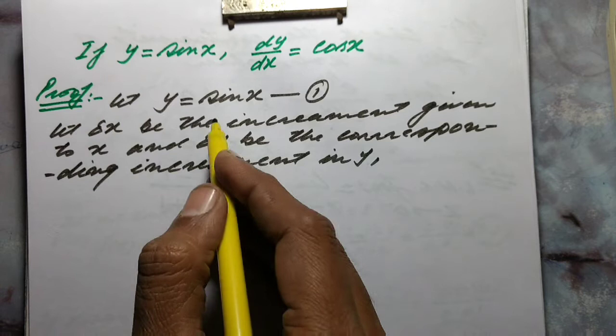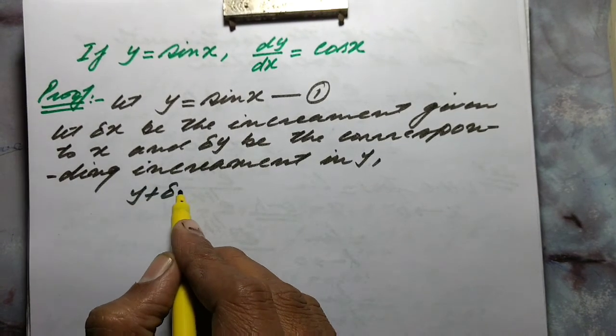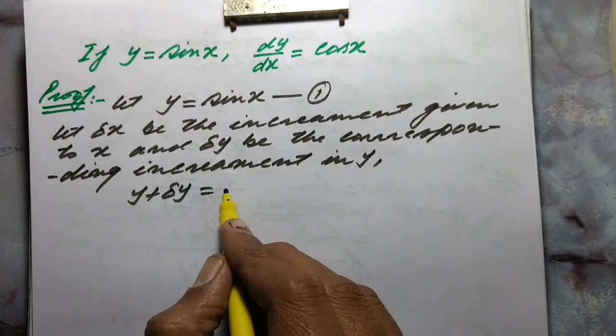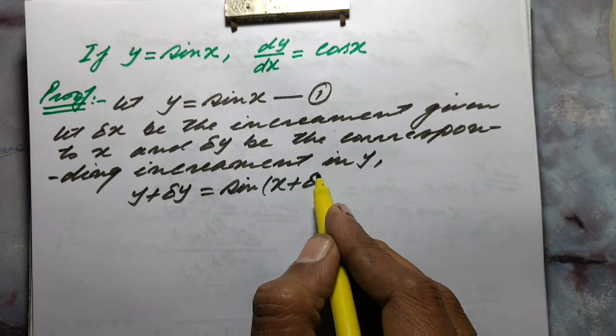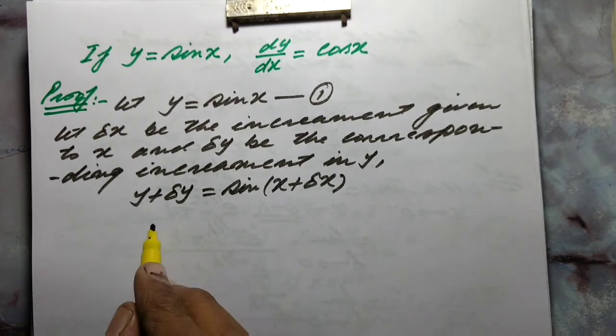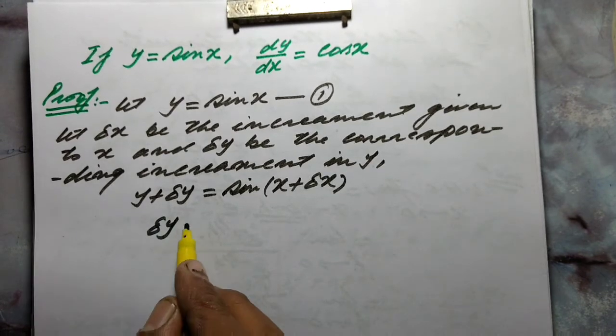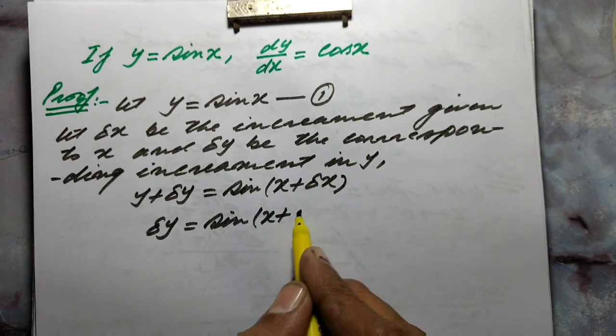So the equation number 1 becomes y plus delta y is equal to sin x plus delta x. Transposing y to right hand side, we have delta y is equal to sin x plus delta x minus y.